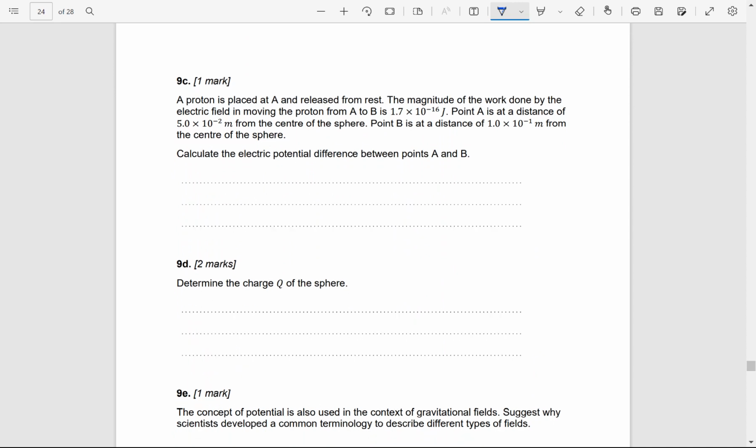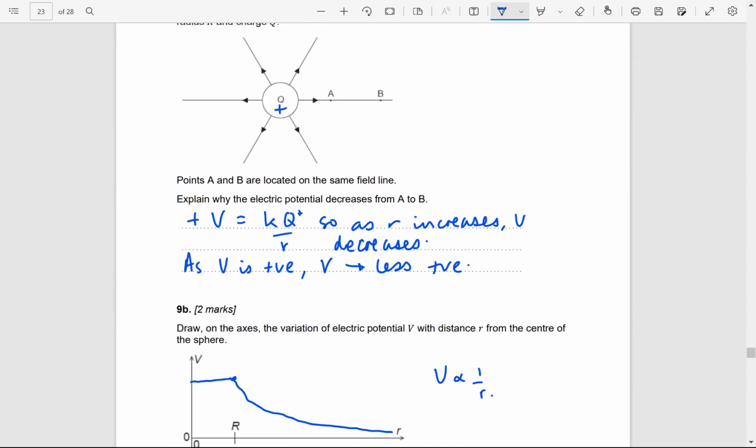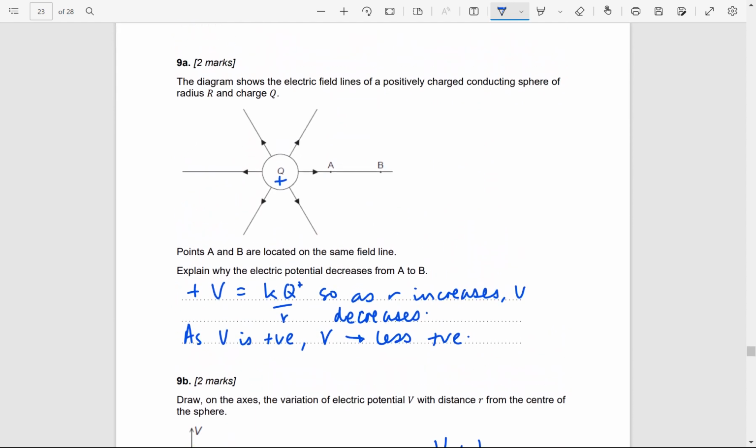Nine C. Calculate the electric potential difference between points A and B. So we've got point A, the electric potential for A, and then the, so hang on, let me just draw this.